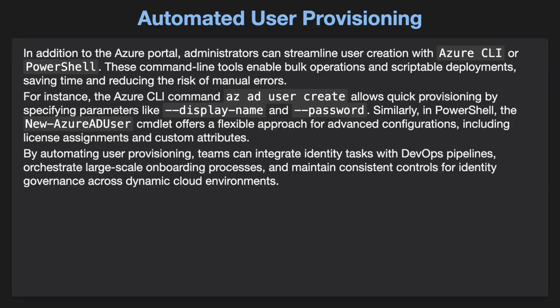Similarly, in PowerShell, the New-AzureADUser command offers a flexible approach for advanced configurations, including license assignments and custom attributes. By automating user provisioning, teams can integrate identity tasks with DevOps pipelines, orchestrate large-scale onboarding processes, and maintain consistent controls for identity governance across dynamic cloud environments.